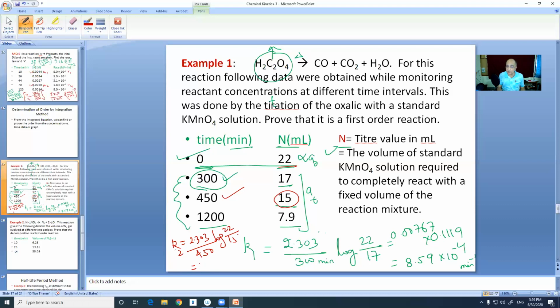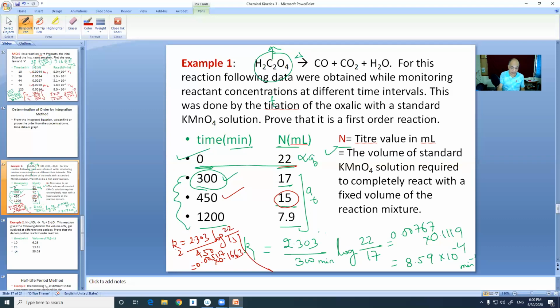So 22 divided by 15 is 1.666. Its log is 0.166. And 2.303 divided by 450 is 0.00511.